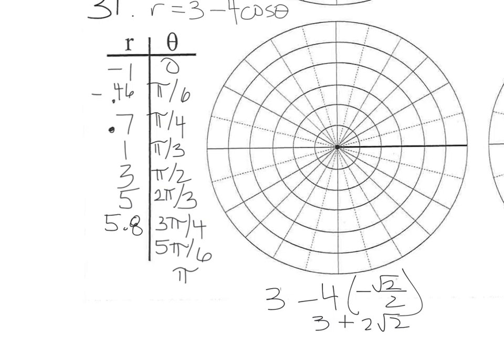Next, when we plug in the 5 pi over 6 in for here, that would be negative root 3 over 2. So I'm just going to change this up to a root 3, and then when we simplify, it changes to 2 root 3.